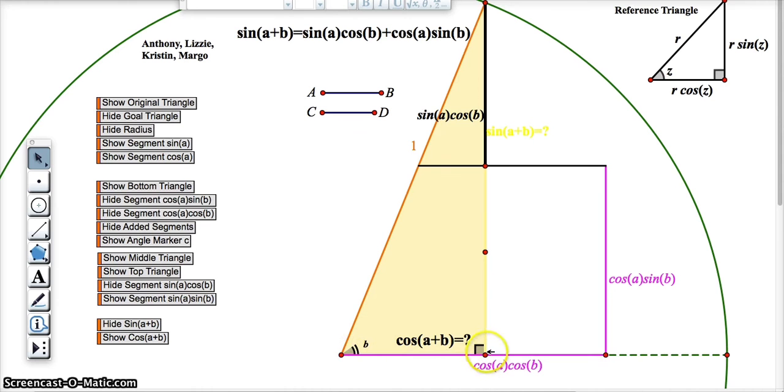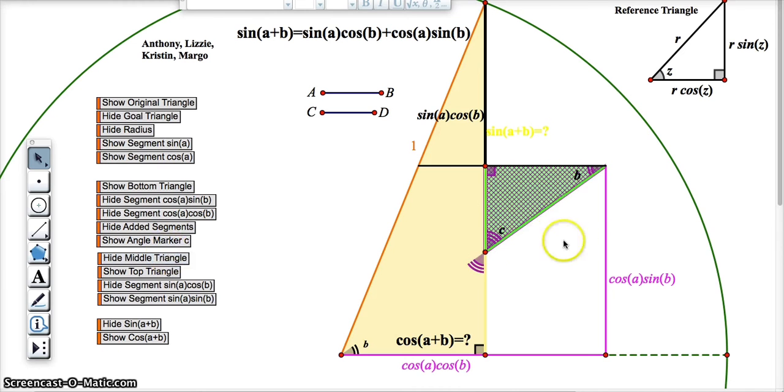We know the horizontal leg of the pink triangle is cosine of A times cosine of B, and the horizontal leg of the green triangle is sine of A times sine of B.